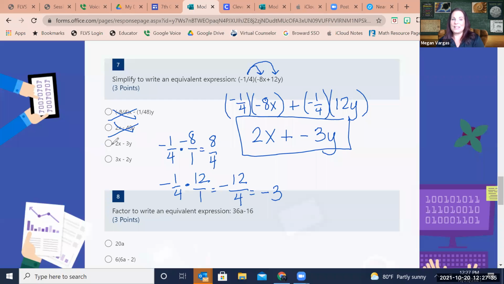It would be C, right? Because subtracting 3y is the same as adding the opposite, right? That's what subtraction is. So that one would be C.